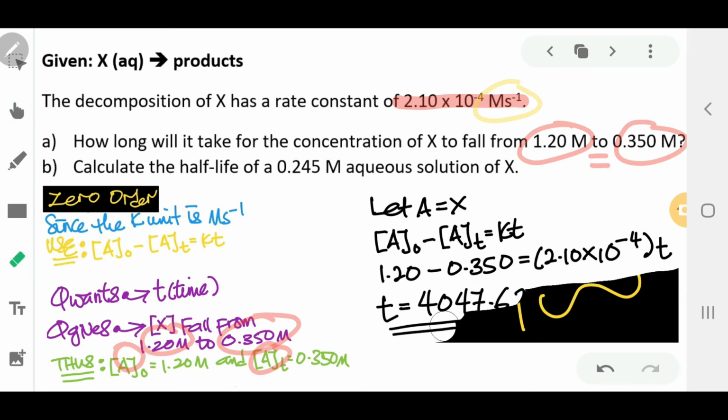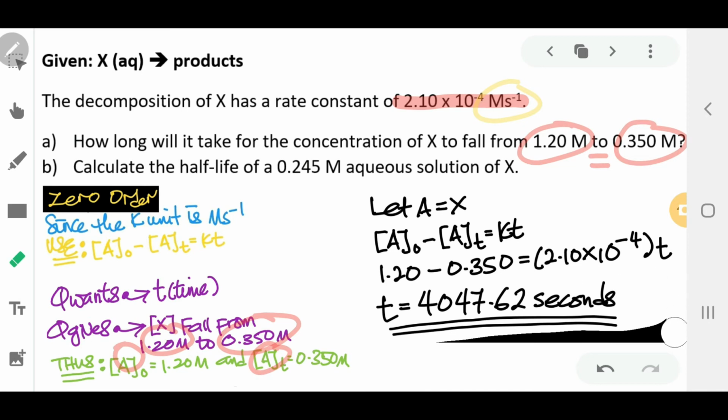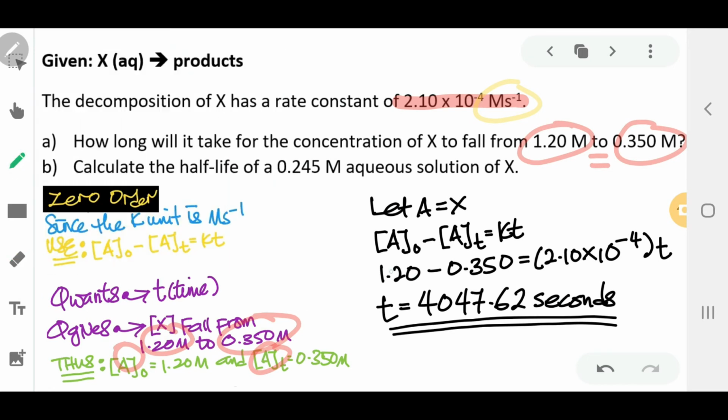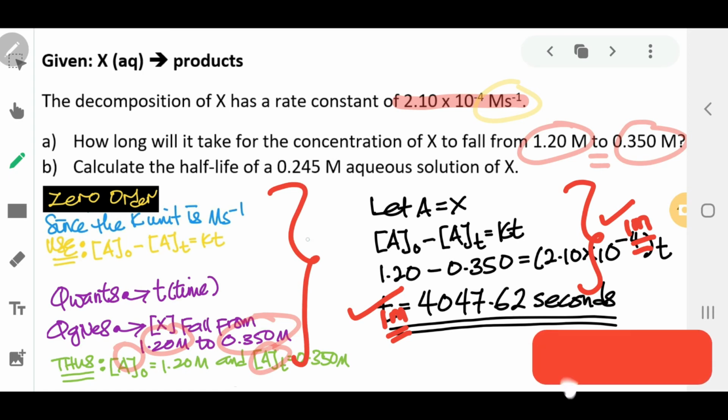So t will be 4047.62 seconds. In terms of marking, you will get 1 mark for this, then 1 mark for this whole thing over here, and also 1 mark for this whole thing right there.